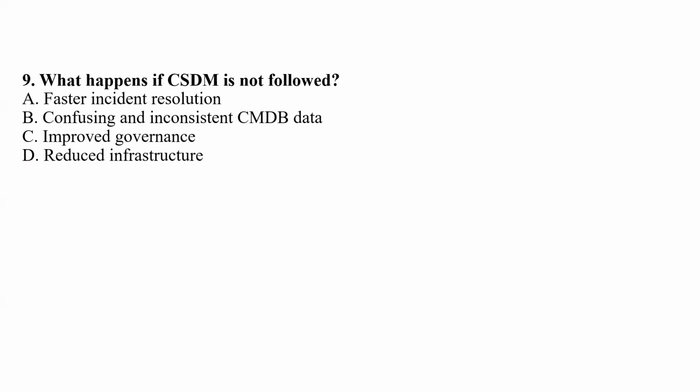What happens if CSDM is not followed? Option A, faster incident resolution. Option B, confusing and inconsistent CMDB data. Option C, improved governance. And option D, reduced infrastructure. So the correct answer is option B, confusing and inconsistent CMDB data.